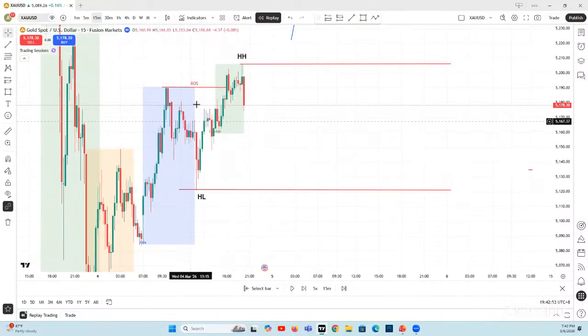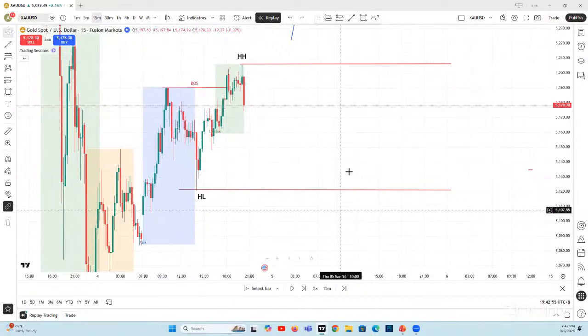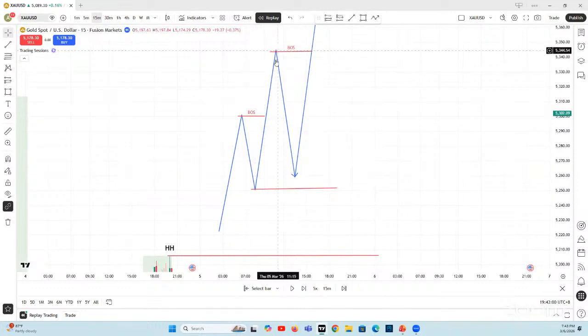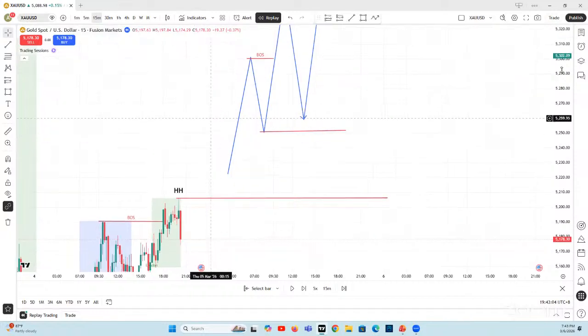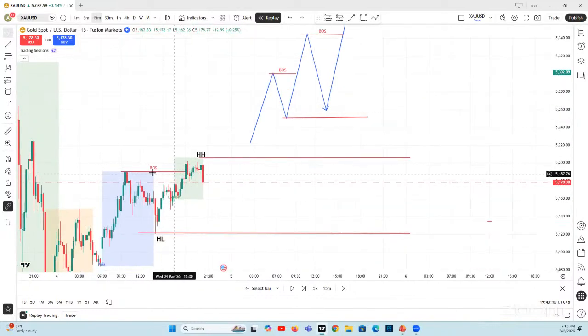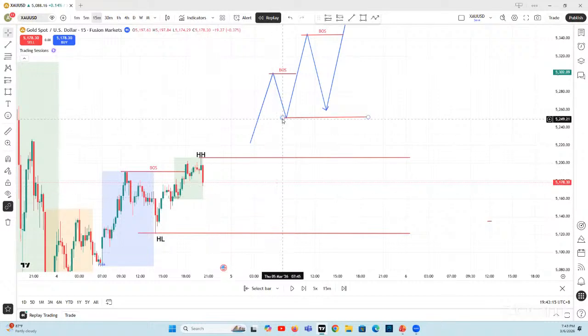This is the range, okay? If you already seen the BOS, now it wants to go down. It wants to bypass this BOS here, but respecting this higher low here. Now it wants to go down. Look what will happen, my friend.